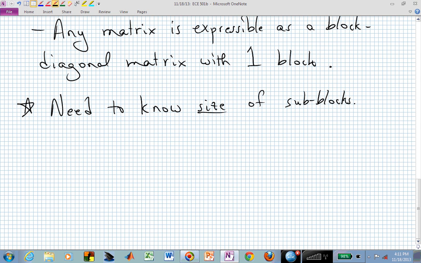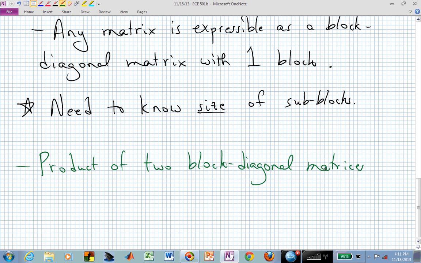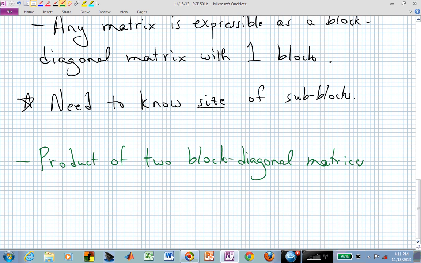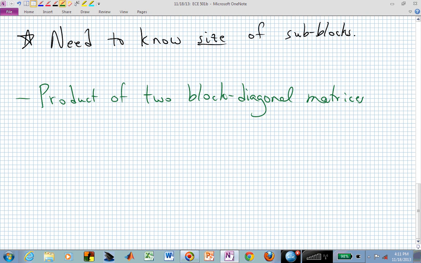One thing that you can see, though, is if you perform the product of two block diagonal matrices, and here I'm assuming that those two block diagonal matrices are dimensioned compatibly.